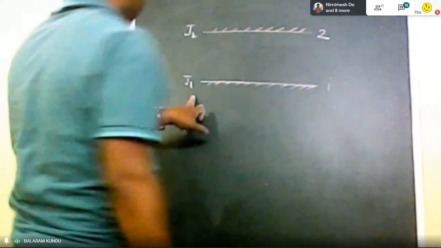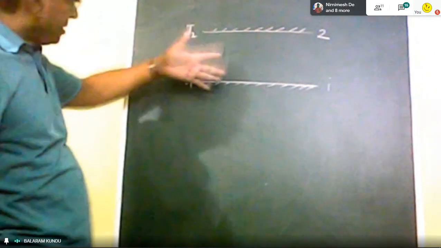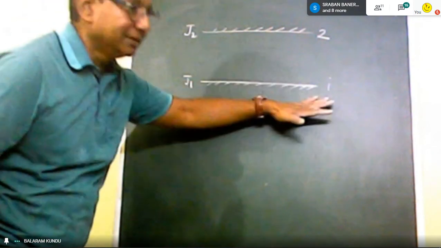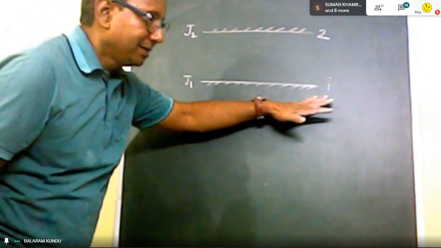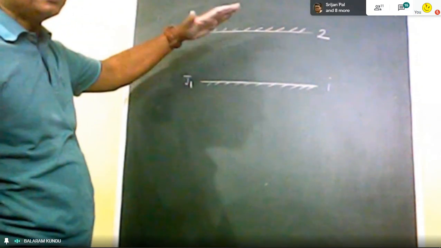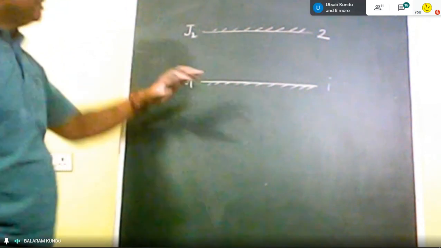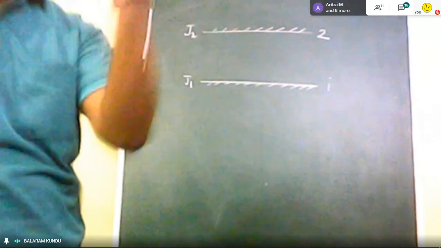Here J1 means the total radiation flux leaving surface 1, and J2 the total radiation flux leaving surface 2. That means we want to determine the amount of radiation flux leaving surface 1 that strikes surface 2. How can we get this?